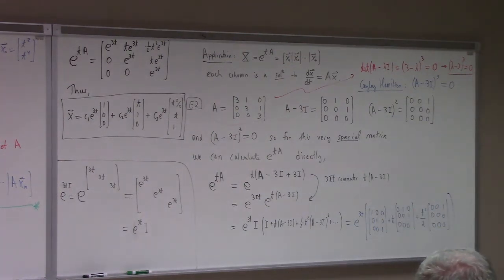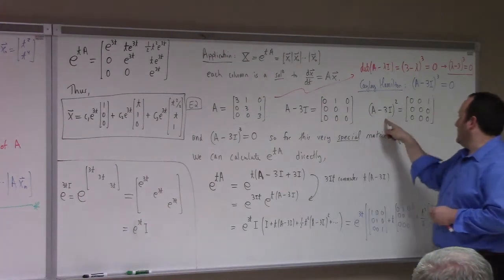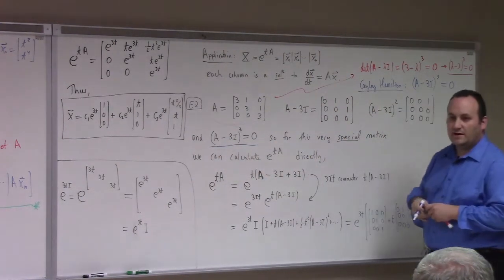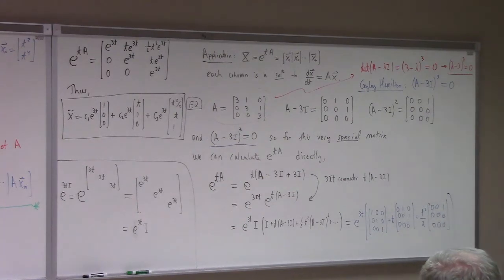A matrix, in the correct interpretation, solves its characteristic equation. So with a matrix so nice as to have such a simple characteristic equation, I knew as soon as I wrote this down that (A minus 3I) cubed would be 0. And I know if that's 0, then I can work out the matrix exponential through this algebra.